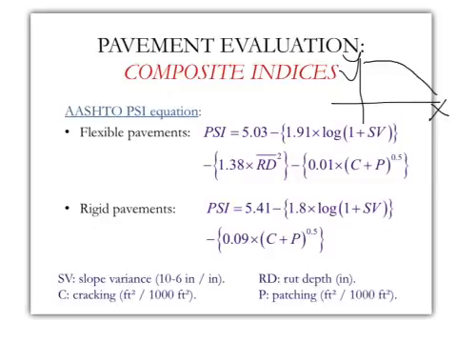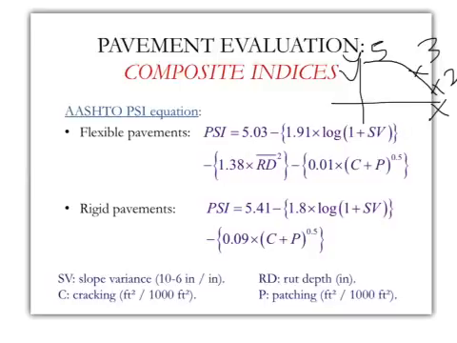So it starts from 5, and again the failure would be defined really by the importance of the structure. It can be defined here, which is 3, or it can be defined all the way to here, which is 2. The equation that we typically use for flexible pavements under the AASHTO recommendations is this one here.